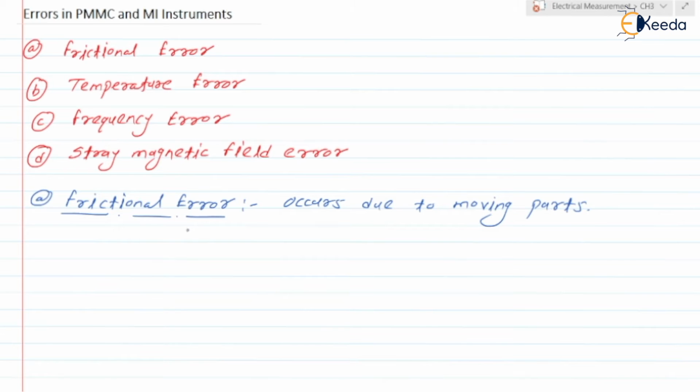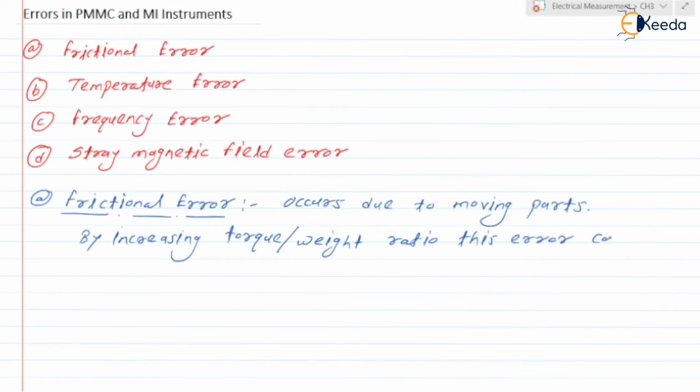This error can be reduced by increasing the torque per weight ratio.